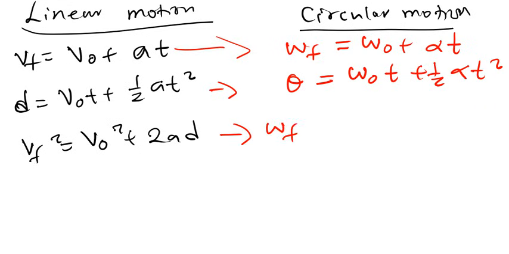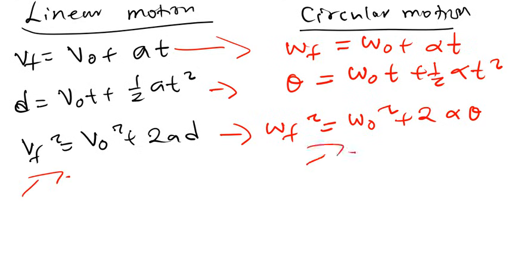Then W final squared is equal to W initial squared plus 2 alpha theta. So these formulas we use for linear motion, these ones for circular motion. This is what we call the relationship between linear motion and rotational motion, which is the circular motion.